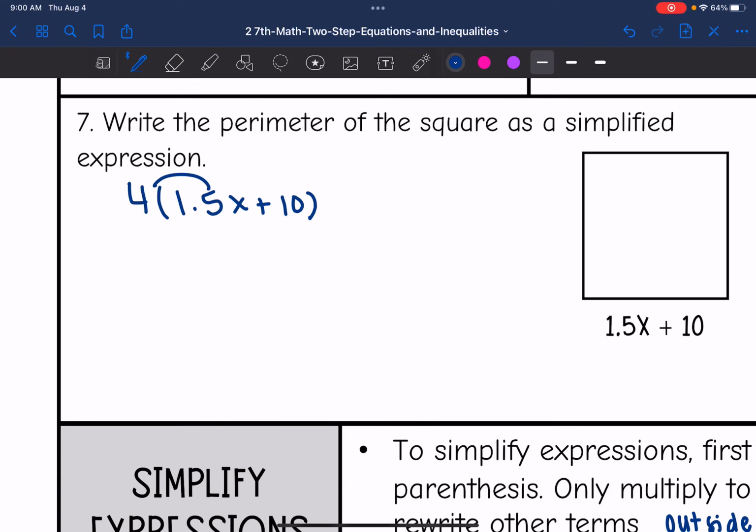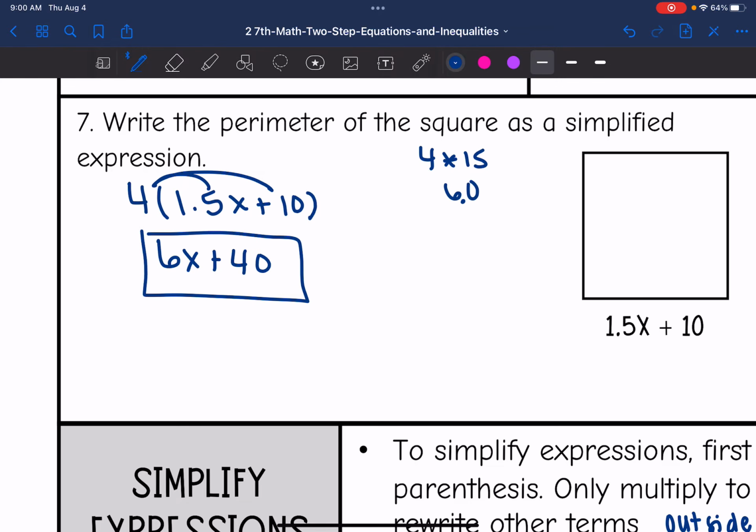And 4 times 1.5x, well, 4 times 15 is 60, and I would need to add one decimal place back in there, so it would be 6.0 or just 6x. And then 4 times 10 is 40. So the perimeter of that square is 6x plus 40.